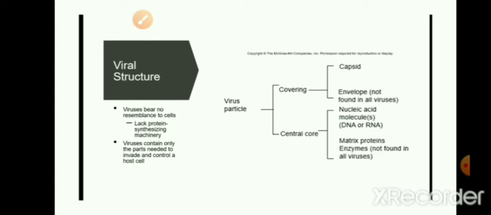It is the outermost covering of viruses, and a virus that contains an envelope is called an enveloped virus, while a virus in which the envelope is absent is called a non-enveloped virus. The central core consists of nucleic acid molecules, DNA or RNA, and matrix proteins and enzymes, which are not found in all viruses.